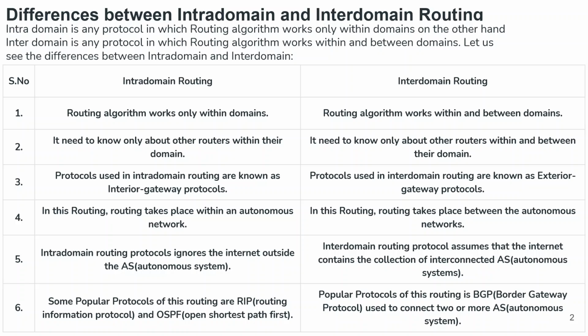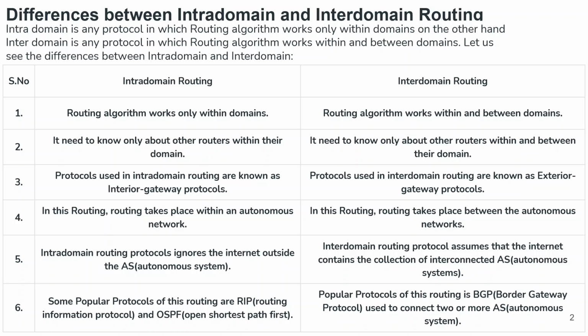Protocols used in intra-domain routing are known as interior gateway protocols, whereas in inter-domain routing they are known as exterior gateway protocols.